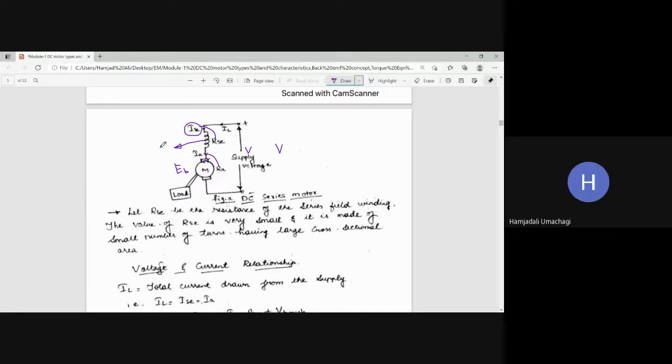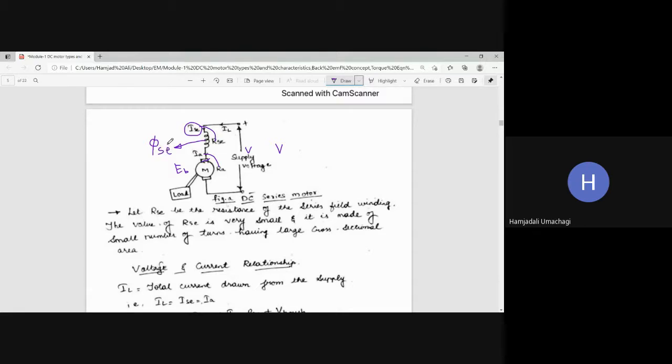Armature? No, this is phi SC, not armature current. Field winding. Field means what? You want more amount of flux, more amount of magnetic field. Try to understand. The magnetic field for the motor operation is given by the field winding. And that flux is nothing but the phi SC.